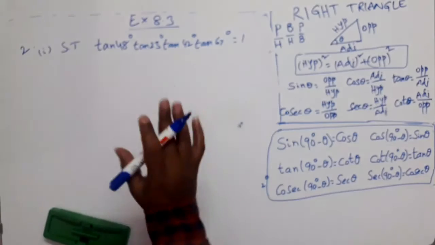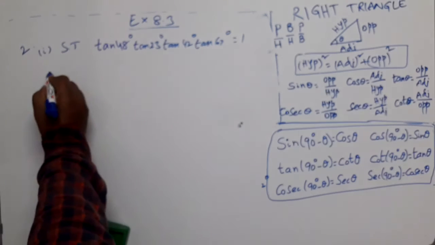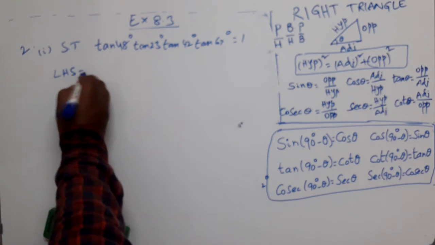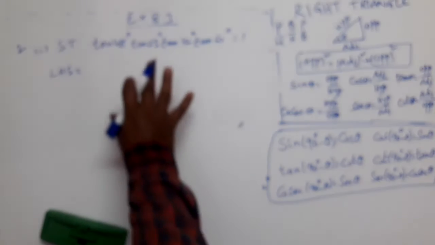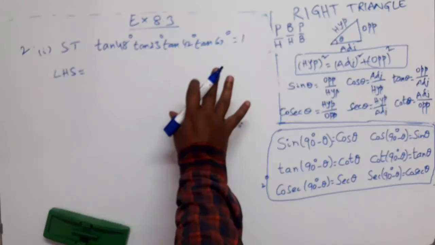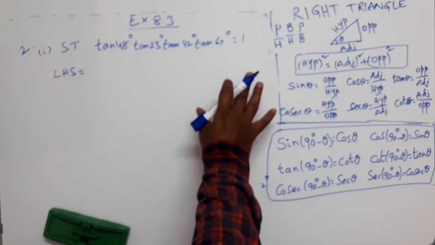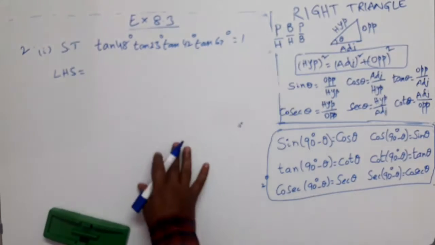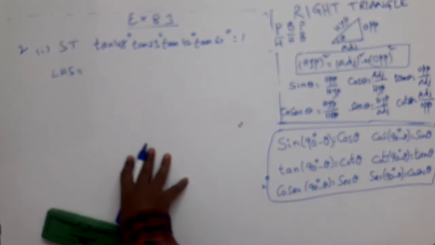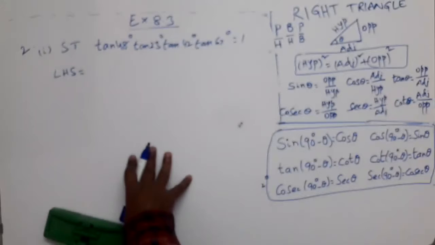You are supposed to show that left hand side part is equal to right hand side. How shall we proceed? Yes, let us start at left hand side part and simplify and prove. Let us show that that is equal to 1, which is right hand side part. That's why we are going to show now, prove that, right?